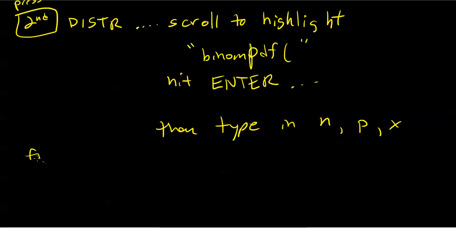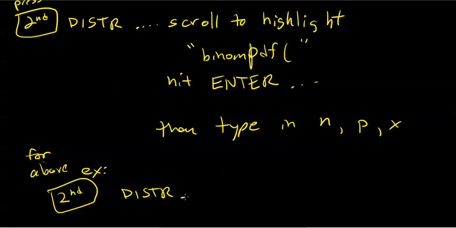Alright, so for the above example, we want to hit second level, distribution, scroll and highlight and enter for binomial PDF operator. We're going to want to enter in, well, we had 5 births.